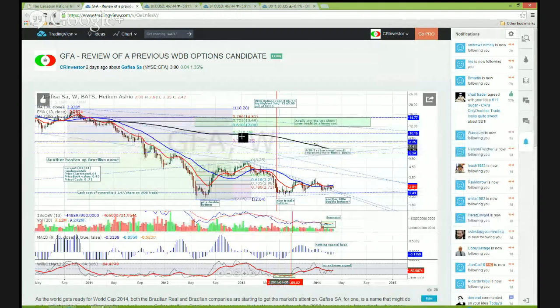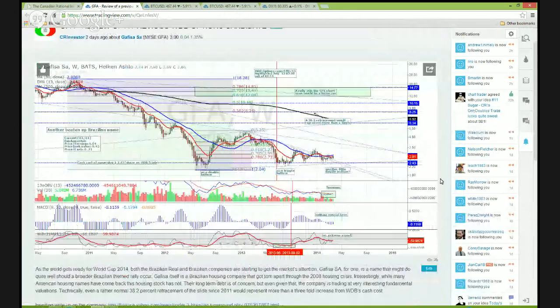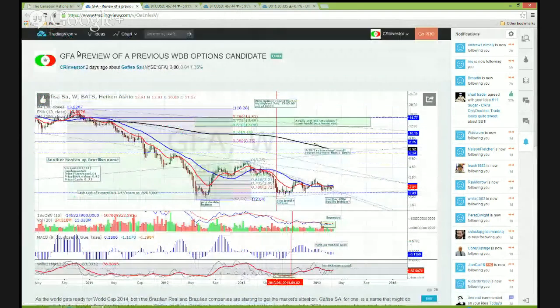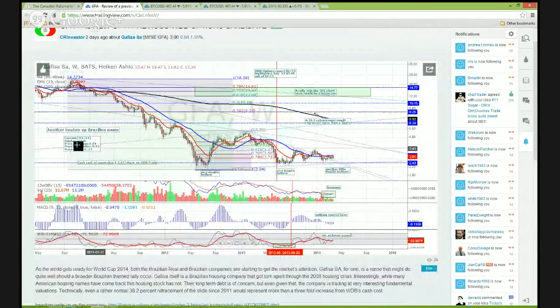All right, so this just happens to be one Brazilian stock, this GFA, Gafisa. They're in building, and if we look at the fundamental story on our fundamental screener, the fundamentals were screaming at us back here, and my little algorithm was jumping up and down.